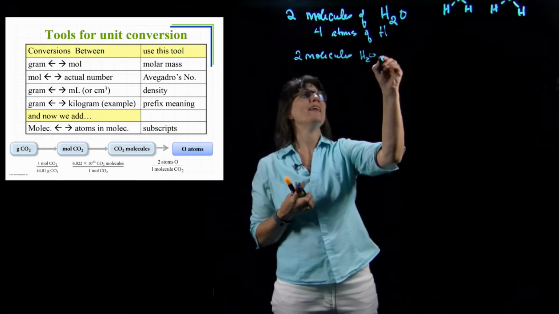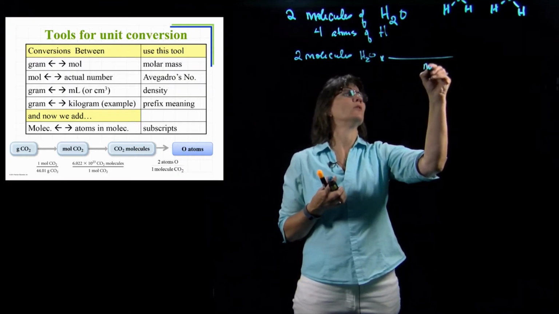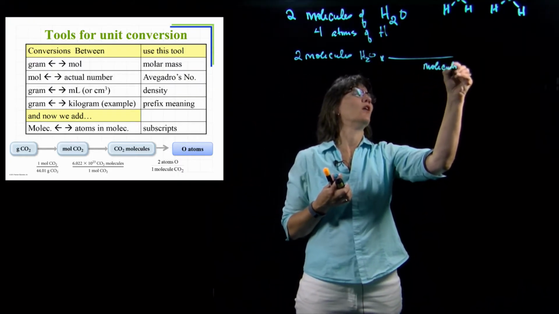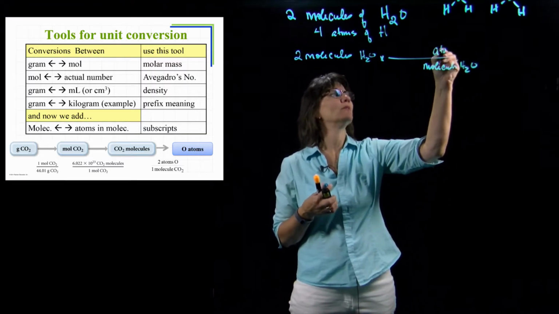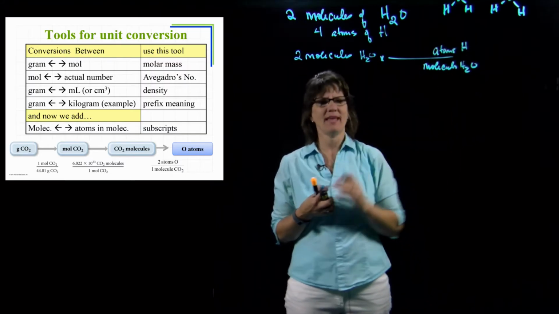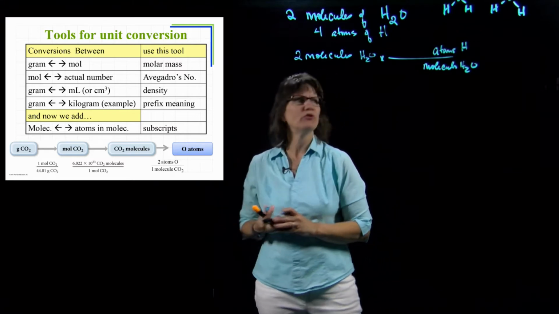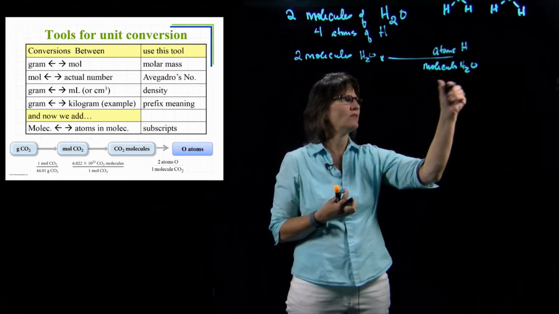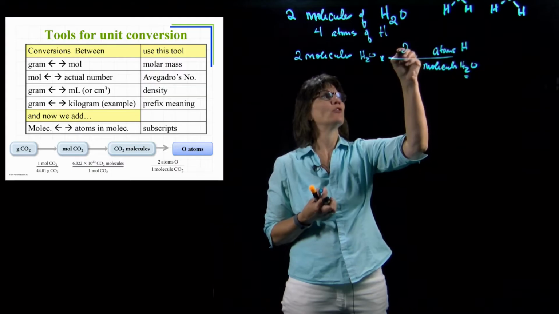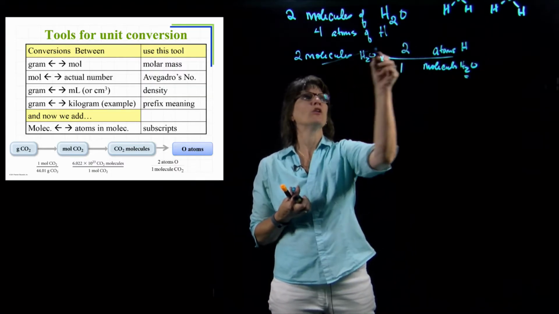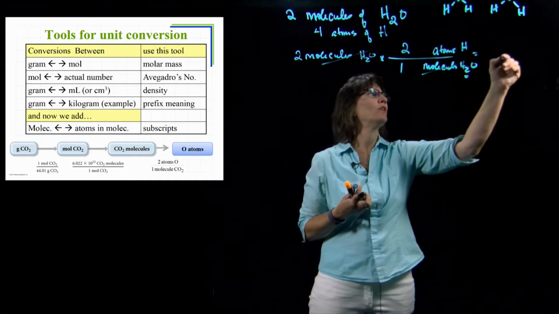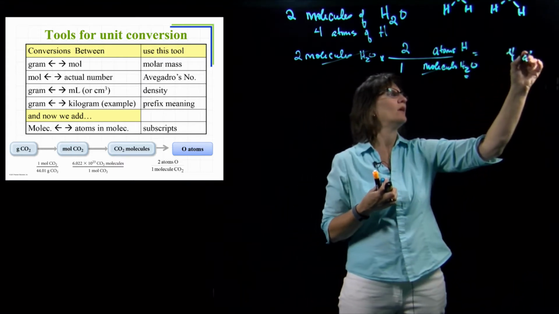We say, well, I don't want molecules of water. The question is asking how many atoms of hydrogen is that? And it says I will use a subscript to do that. So when I look at this and I see the subscript 2, I know there are 2 atoms of hydrogen in every molecule. So then the molecules cancel, and I am left with 4 atoms of hydrogen.